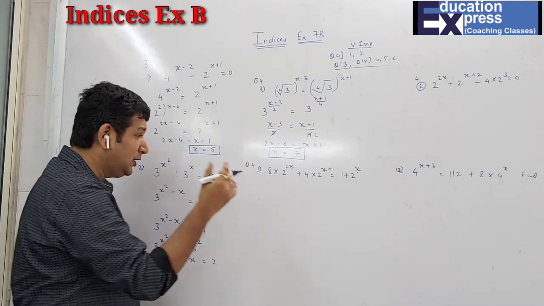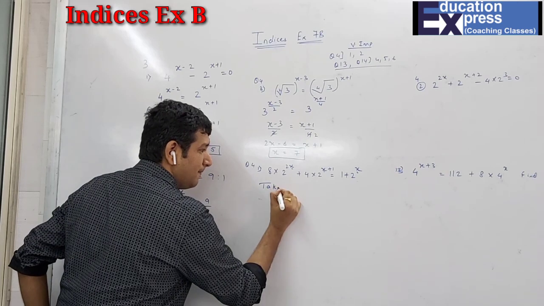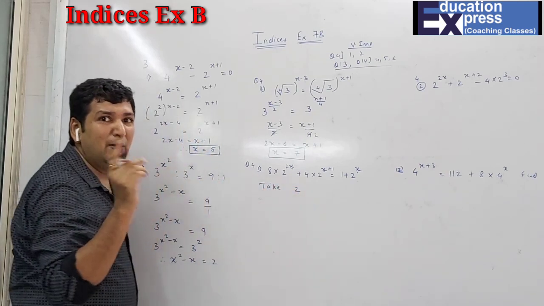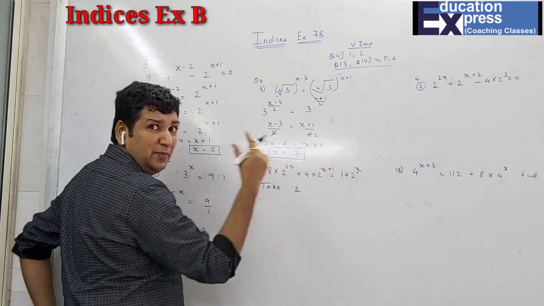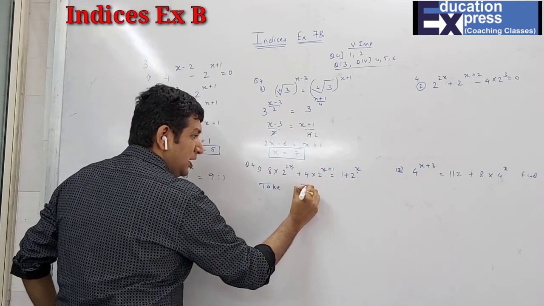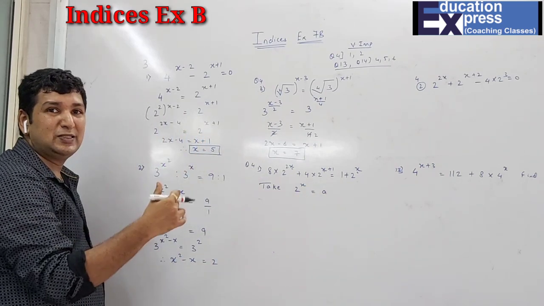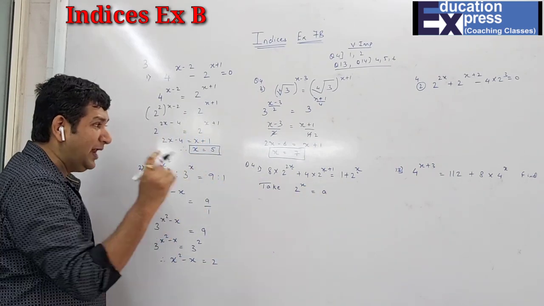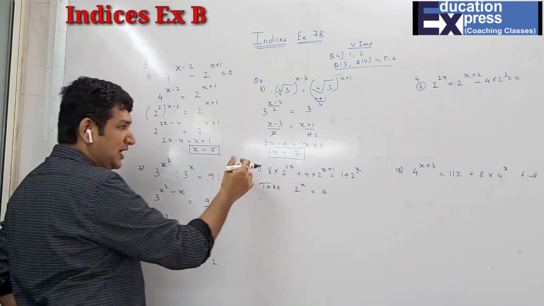So that particular base, and with the minimum power. Here the power is 2. Here the power is 1. Here the power is 1. What's the minimum power? x. You can assume that as certain thing. So I have taken let 2 raised to x be a. Now wherever 2 raised to x is there, I'll substitute that as a. And I'll start solving the sum.